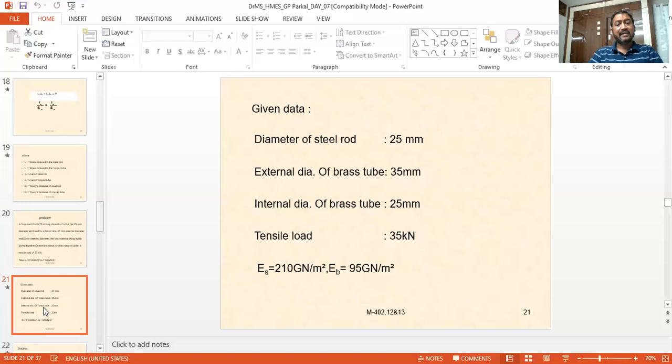The external diameter of the brass tube is 35 millimeters, and the internal diameter is 25 millimeters. The tensile load acting on the bar is 35 kilonewtons. Es, the Young's modulus for steel, is 210 giganewtons per square meter, and Eb is 95 giganewtons per square meter.